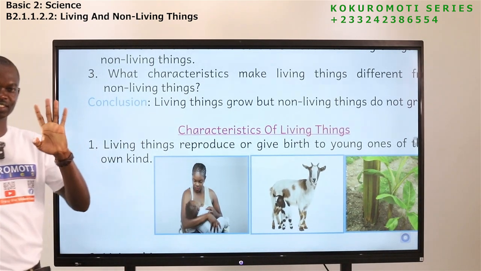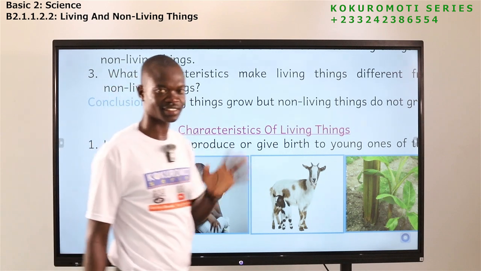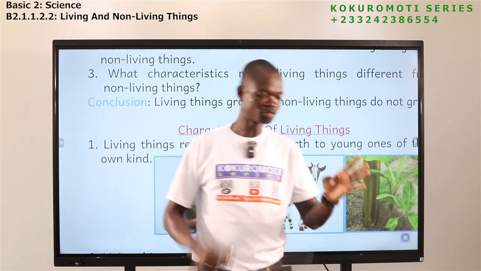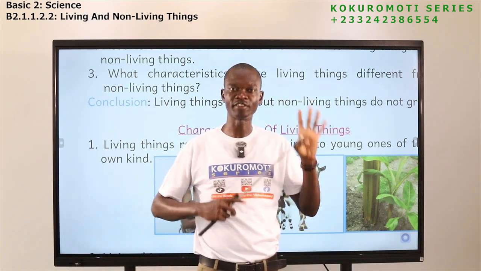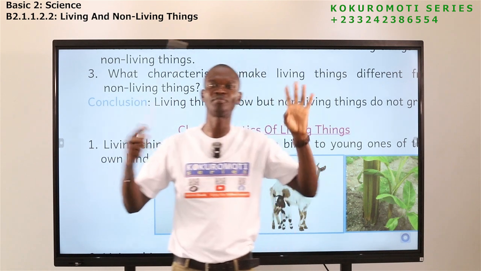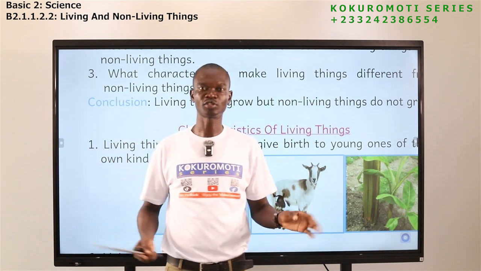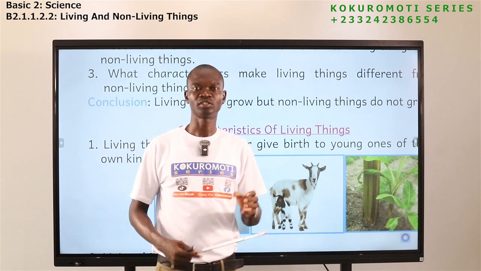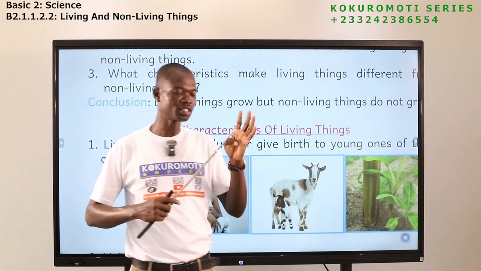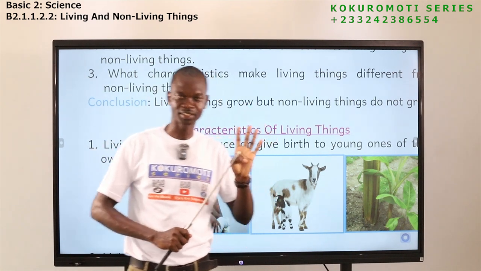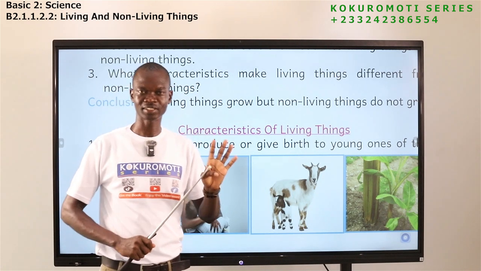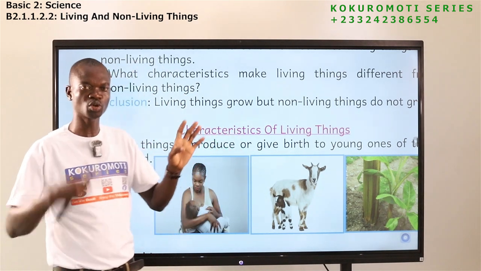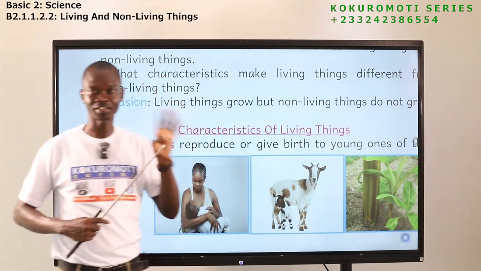So 5 characteristics of living things. I said human beings, we reproduce or we give birth. To reproduce or to give birth, the same thing. So if you hear about reproduction, we are talking about giving birth. Human beings give birth. Animals give birth. Plants also reproduce.